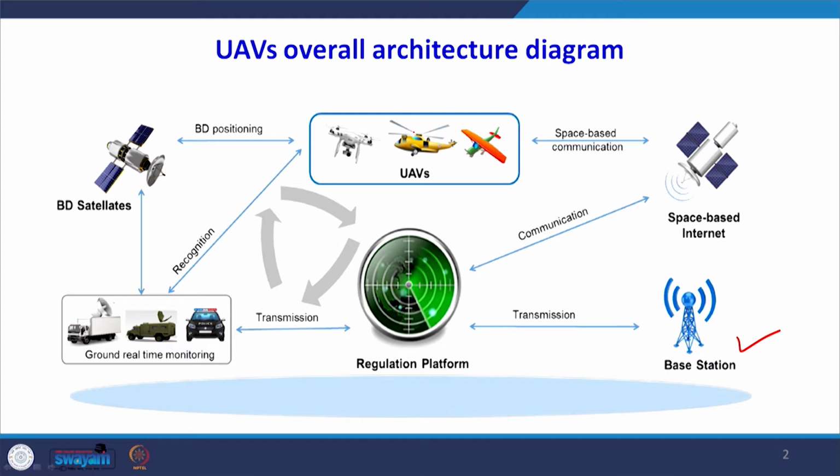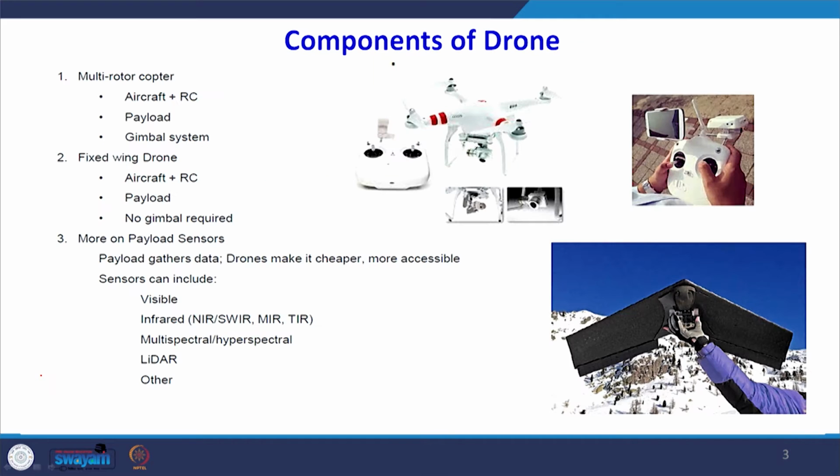Then the UAVs are carrying GPS devices which are communicating with the space-based system, the satellite system, and there are ground real-time monitoring systems also. There is a communication between all that, and that can give me real-time data directly from the UAV system. So, it is important to understand what are those different systems.